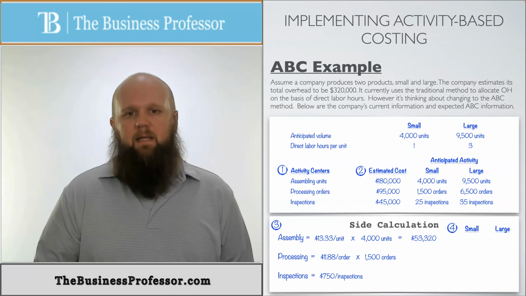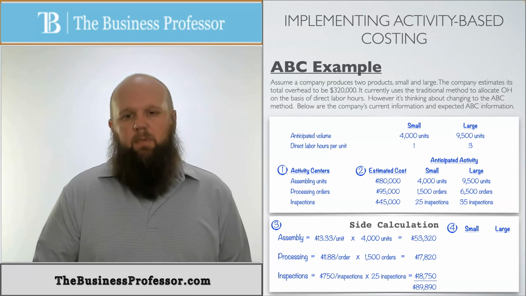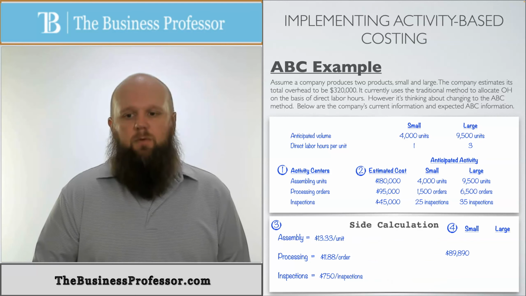Processing, we're going to take the $11.88 per order times the 1,500 orders specifically for small, multiply that out. That's going to give us $17,820. And then finally in inspections, the 750 times the number of inspections for small, which is 25. That's going to give us a total of $18,750. And if I add all that up, that's going to give me a total of $89,890. That's going to be how much cost I'm going to allocate to small.